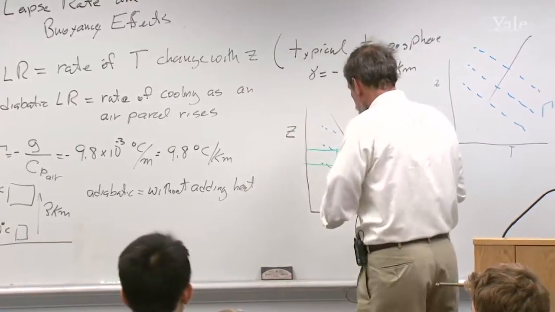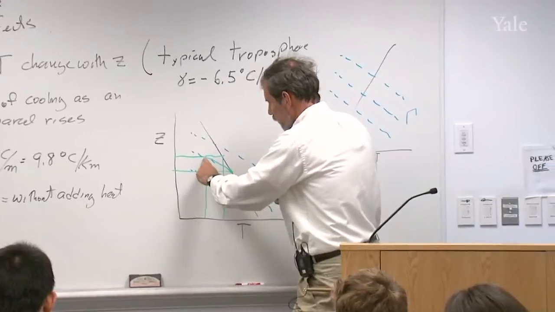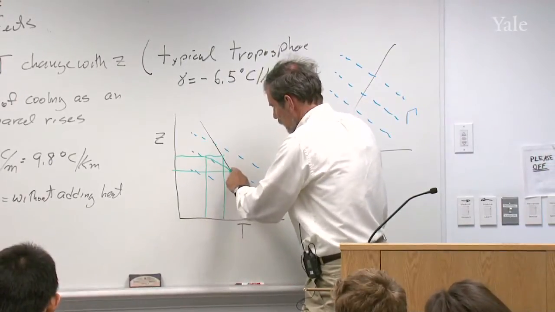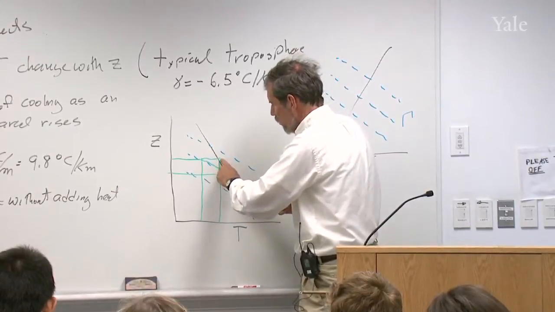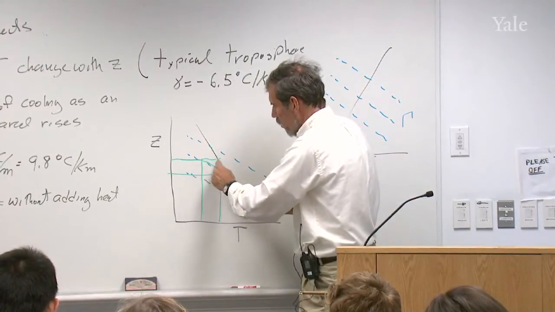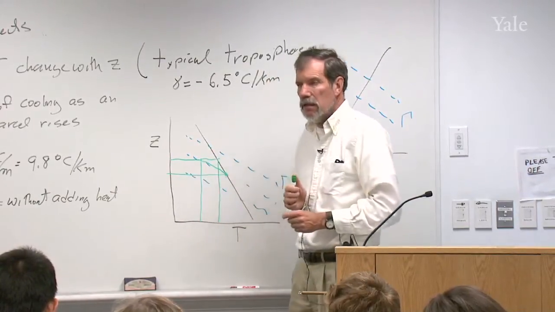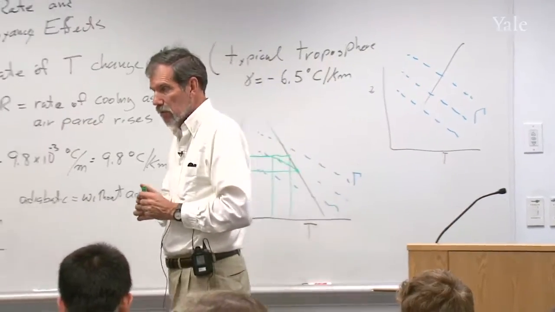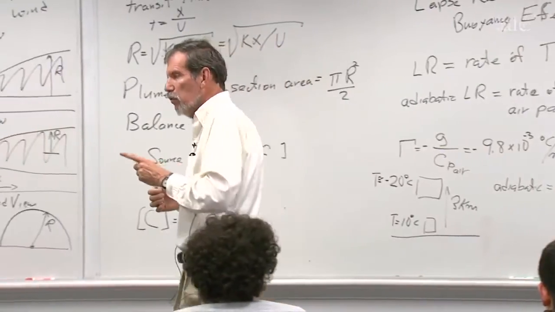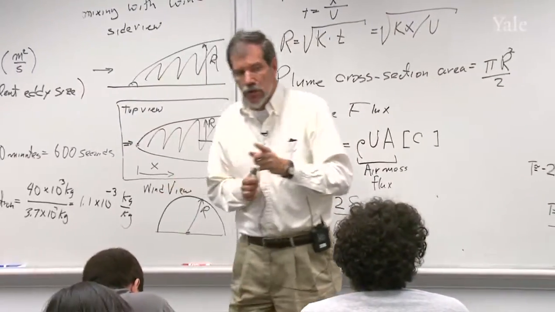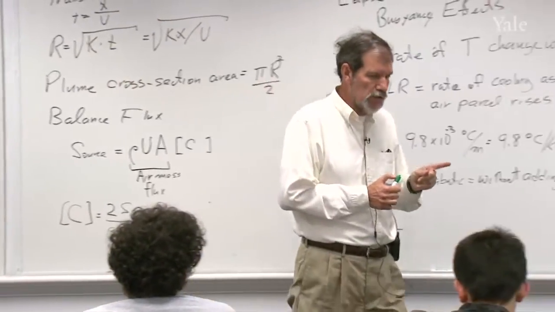In this case, the parcel went to that temperature. It moved into cooler air above, but that wasn't such a great effect, and actually the parcel is now colder than its new environment. The environment cooled, the parcel cooled more, so the parcel is now cold relative to its new environment.